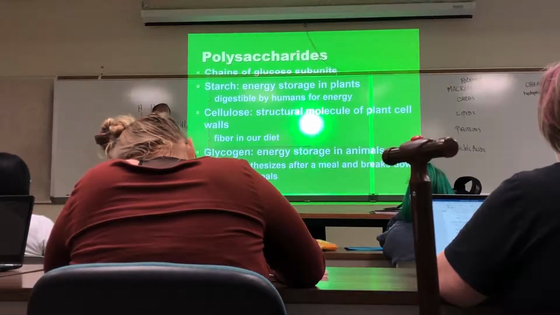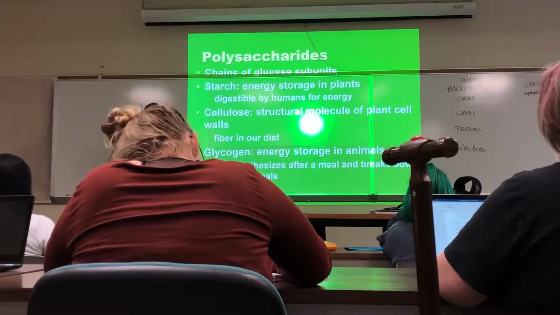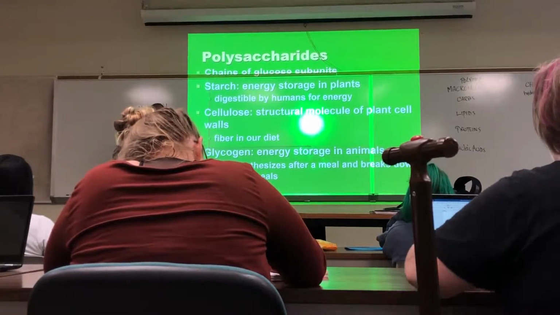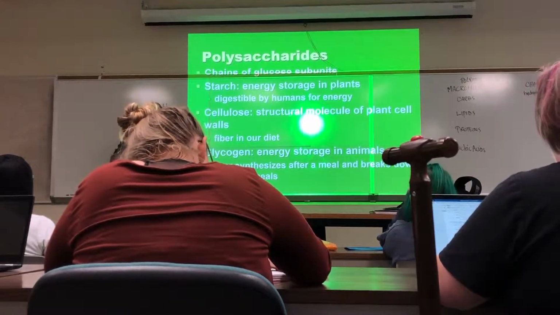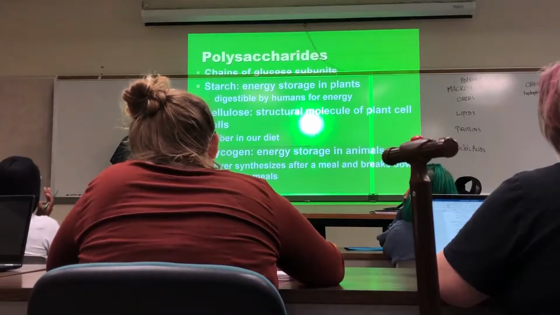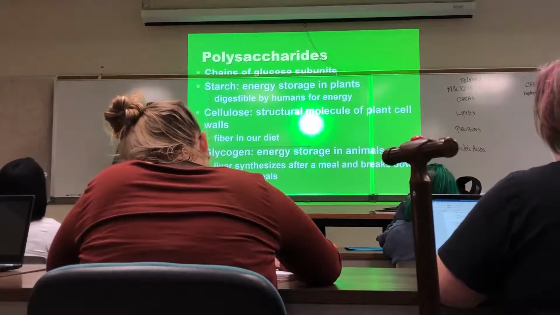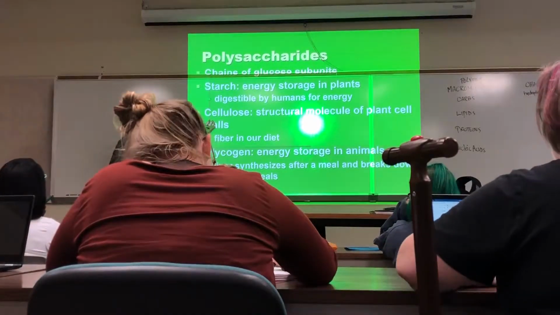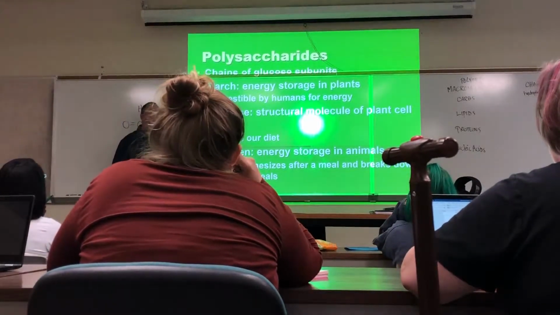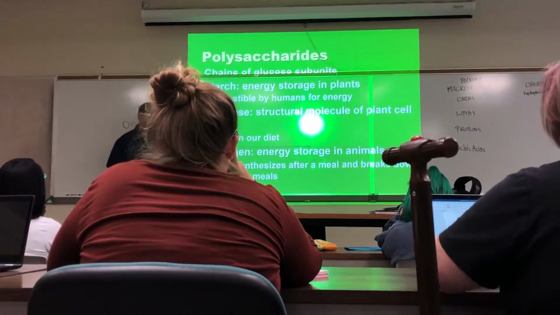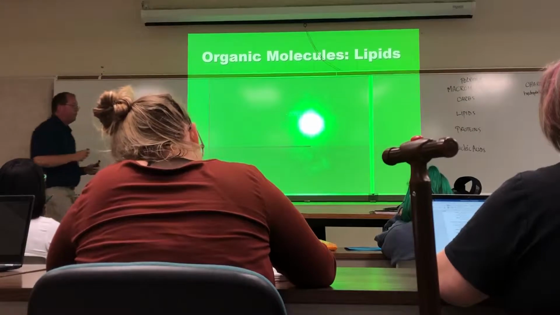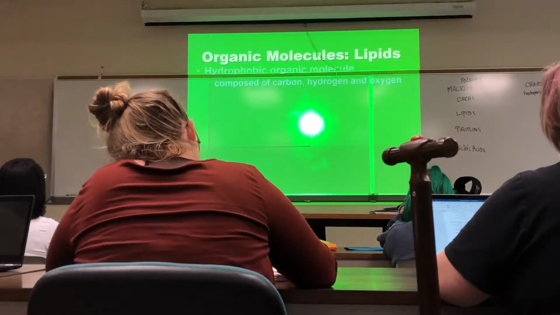So don't nod, in fact, I'm going to close my eyes when I say this, because I don't want to see anyone saying yeah. But we all know that when we eat corn, okay, stop. No, I'm not looking. So why does corn come out looking like corn? Because it's surrounded by cellulose and our body can't break that down. That's a good thing. We'll talk about different types of fiber a little bit later.